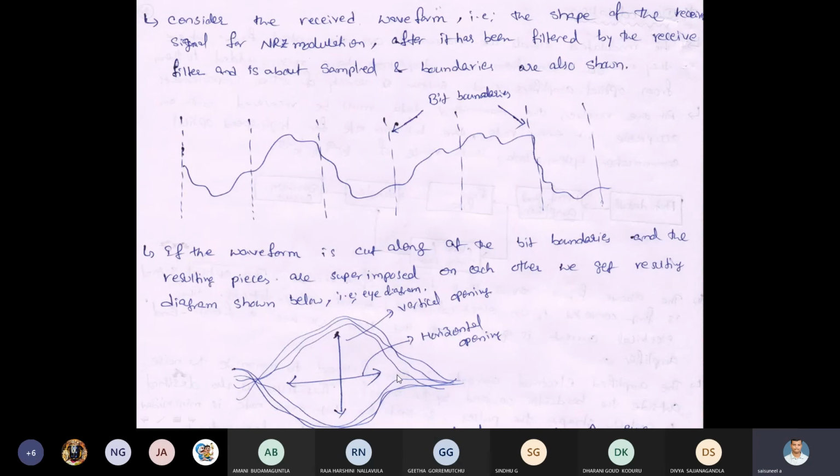Suppose each bit period is 1 millisecond; if it is greater than 1 millisecond, it is a timing recovery problem. That's why the eye diagram shows how to calculate bit errors and timing recovery problems.